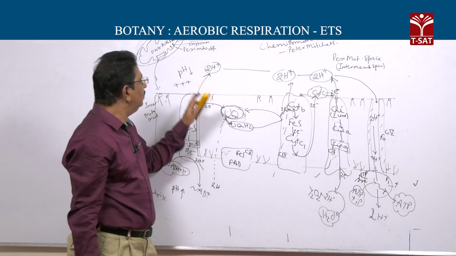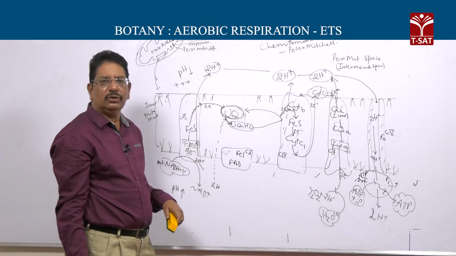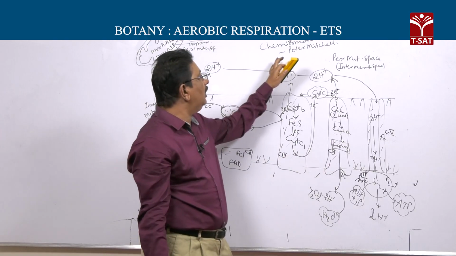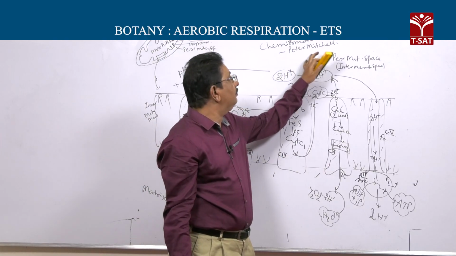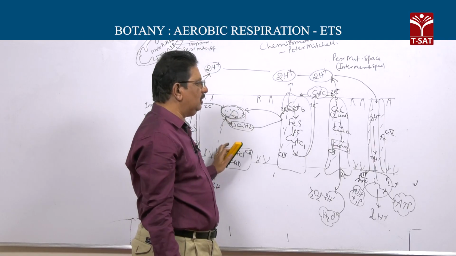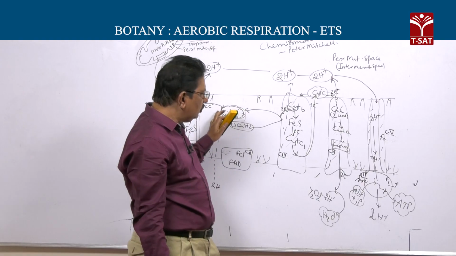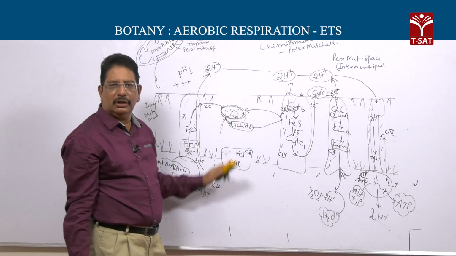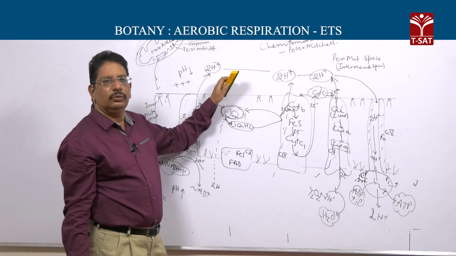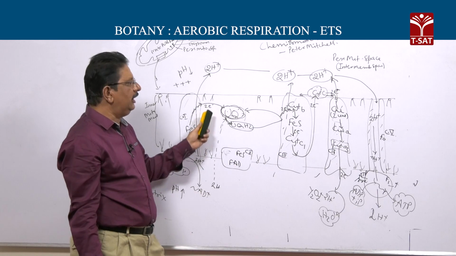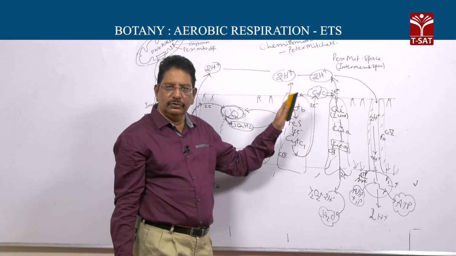So in mitochondria as well as in chloroplast, ATP synthesis occurs in accordance with Peter Mitchell's chemiosmotic theory, which says the electron transfer through membranes is coupled with proton translocation, which creates a proton gradient that develops a proton motive force.